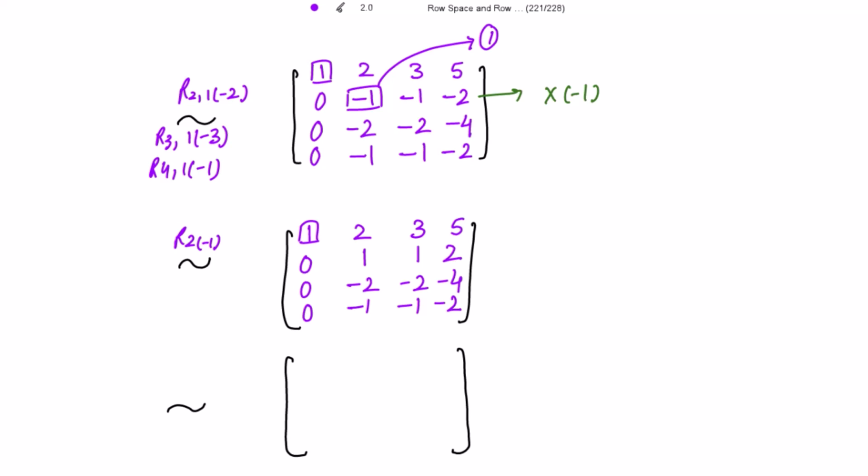To make this our leading element, we need to make all other entries 0.